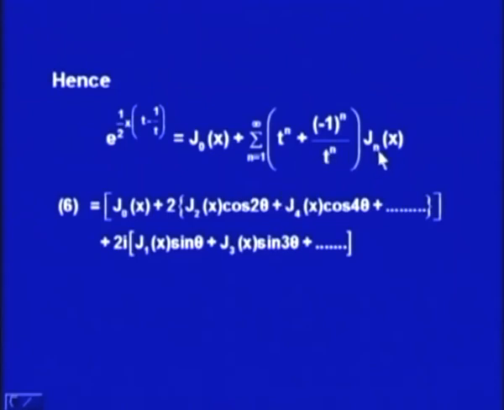So, 2 cos n theta into J n x when n is an even integer, and when n is an odd integer, the value of t to the power n plus (minus 1) to the power n over t to the power n is 2 i sin n theta. So, for odd integral values of n, this sum will give us the terms 2 i (J 1 x sin theta plus J 3 x sin 3 theta) and so on.